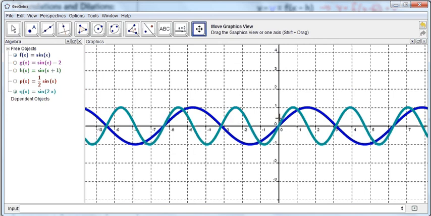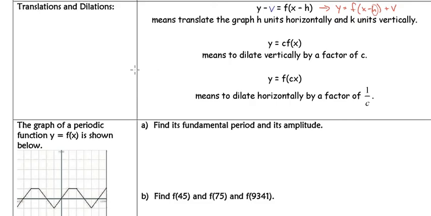What's happened here is that it's been compressed, and where before it was roughly 6.5 spaces for that period to repeat, now from about crest to crest is roughly 3 units, because we have doubled the x value, so the input happened twice as frequently, and so everything's happening twice as frequently here on our graph. So I hope that gives you just kind of a visual help of what's happening here with our translations and dilations.